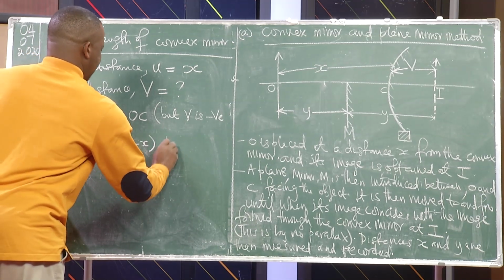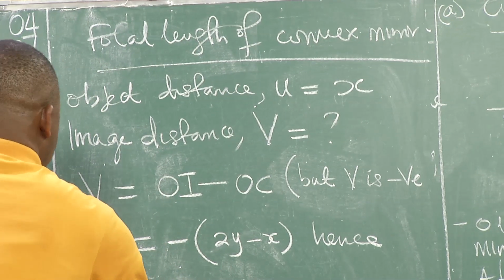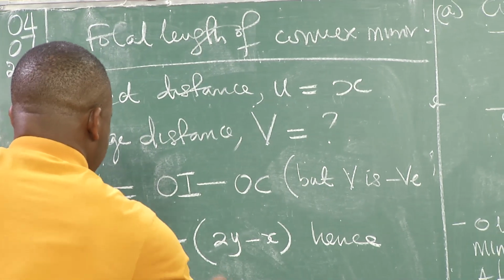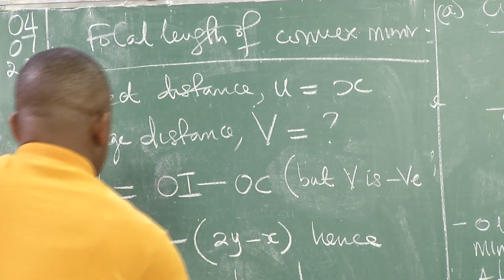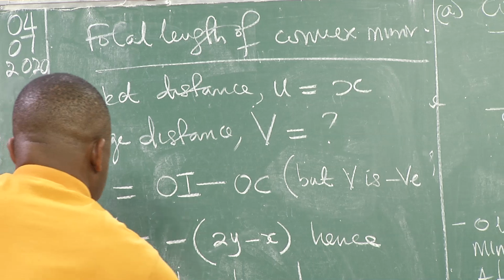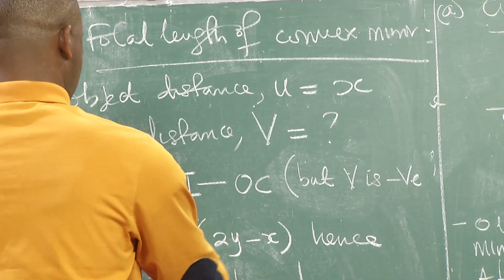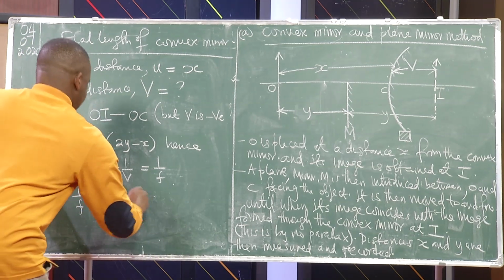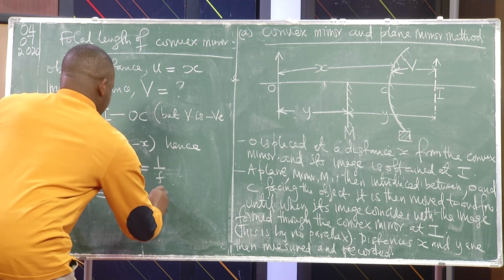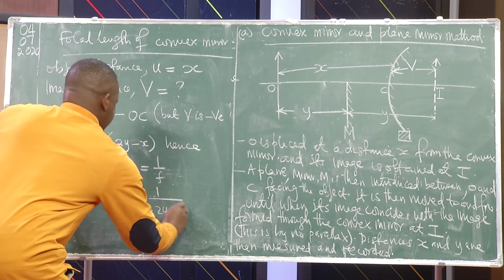And therefore, using 1 over u plus 1 over v is equal to 1 over f, 1 over f will be equal to 1 over y, 1 over u, which is x, plus 1 over v, which is minus (2y minus x).